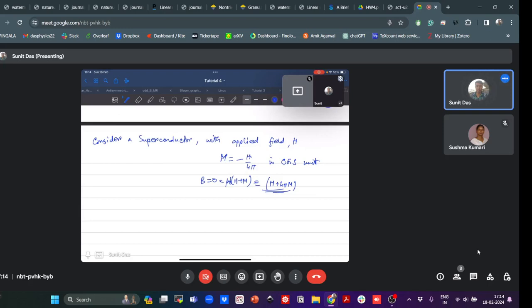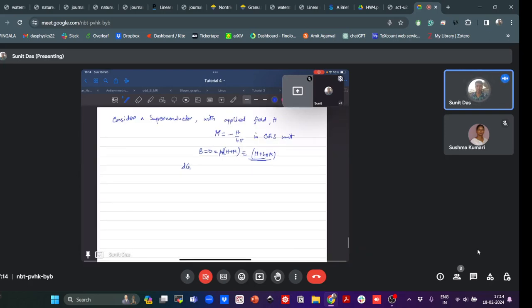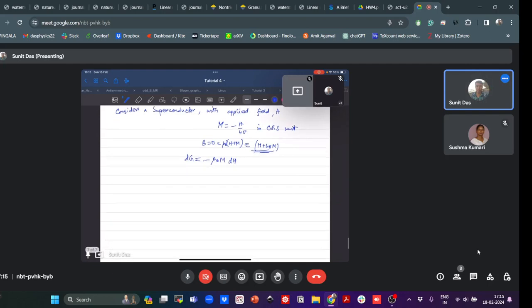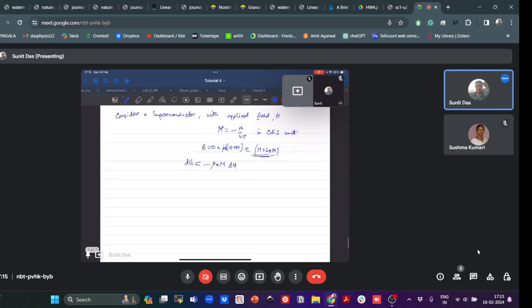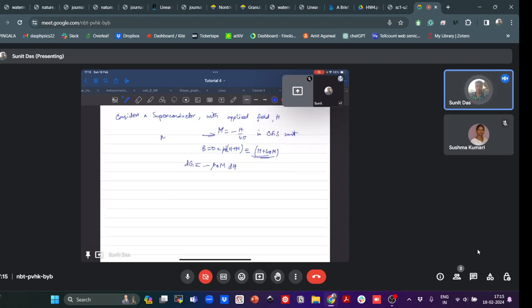And whenever we apply magnetic field, there will be change also in Gibbs free energy, which will be, in SI unit, if we talk about, mu 0 M dH, simply M dH, okay, or in SI unit, here M will be simply minus H, right, from this equation.